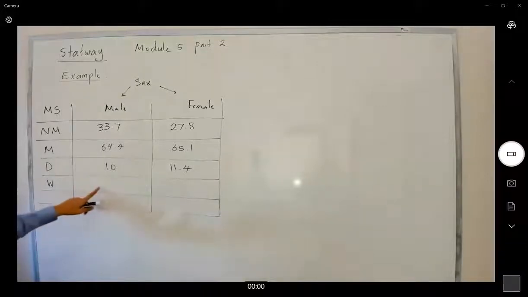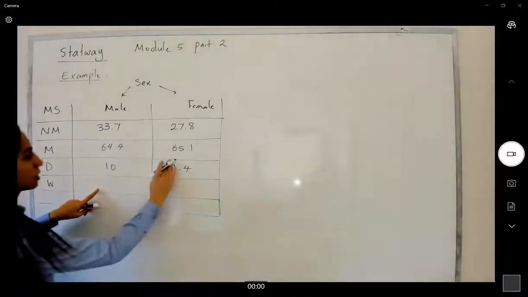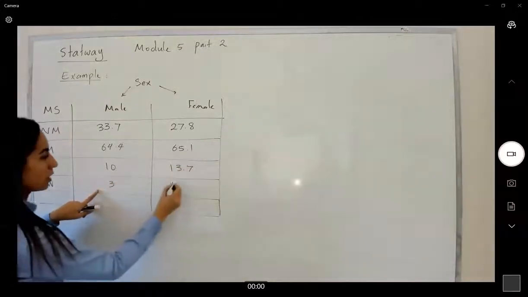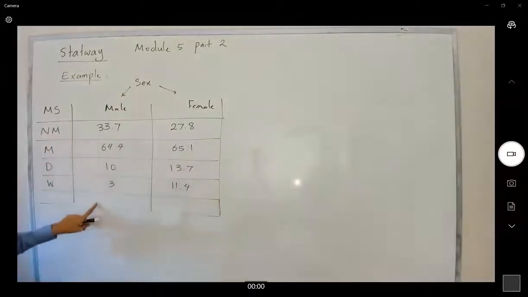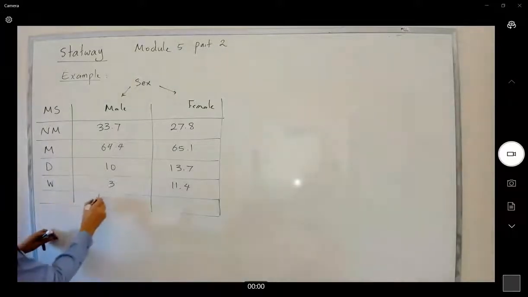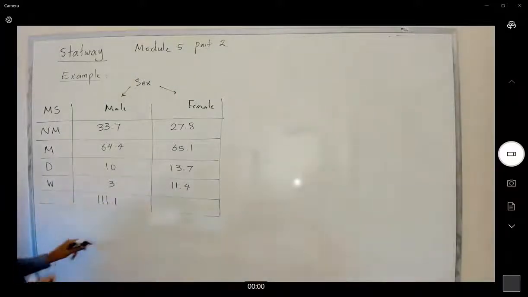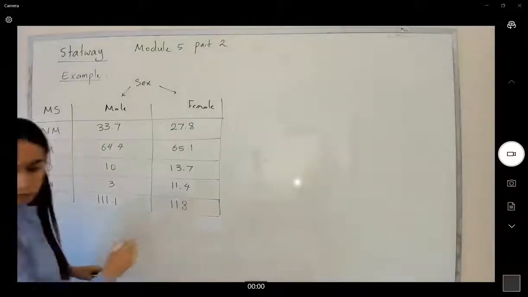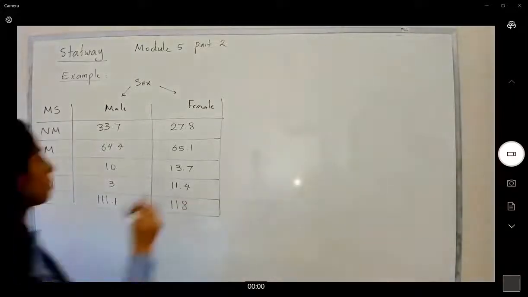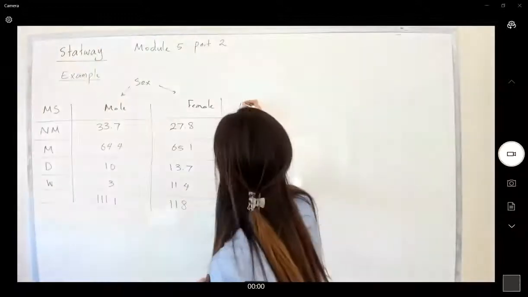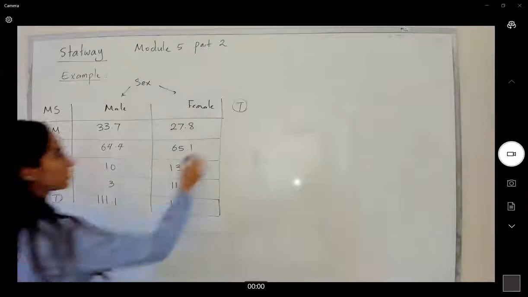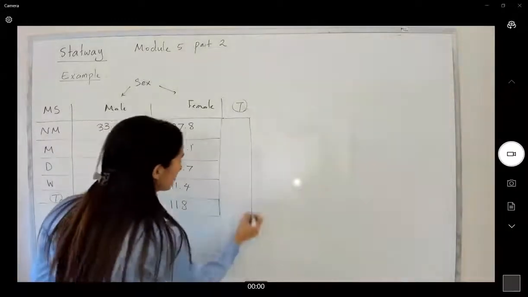So this is 3, this is 13.7, this is 3, 11.4, and here we have the total, which is 111.1 and 118. Let me write total here with T, so you know that we're talking about the total here.